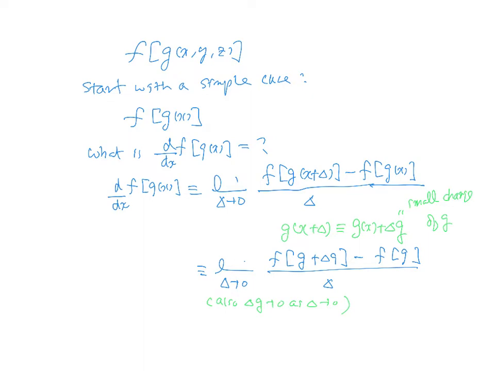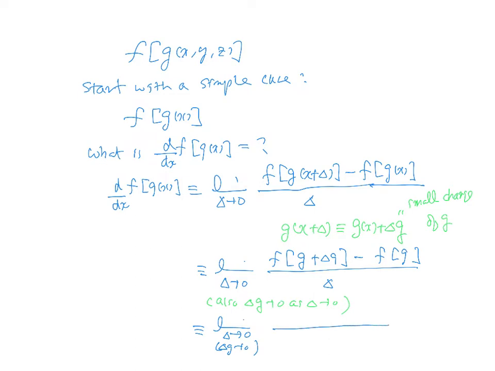Because delta g is a small change of g. When delta x goes to 0, then delta g must also go to 0. So we can write this down without changing anything: delta x goes to 0, or delta g goes to 0 as well.